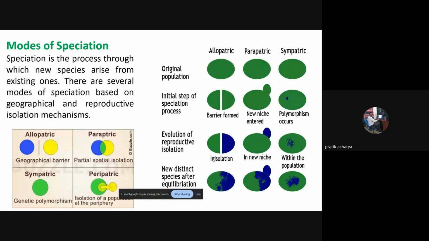Over time, mutations, natural selection, and genetic drift cause separated groups to become genetically different. And the last important one is reproductive isolation. If the newly formed organisms are reproductively isolated from the primitive one, that is also another mechanism for speciation. Okay, so these are different concepts, different steps of speciation.